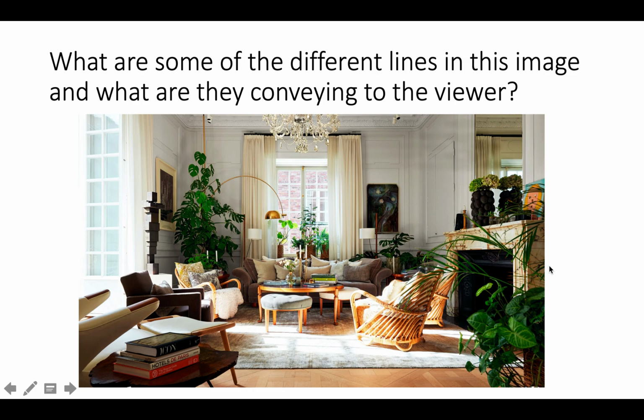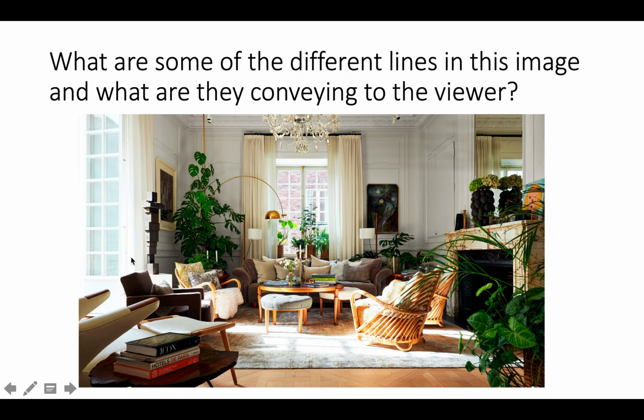So what are the different lines in this image and what are they conveying to the viewer? So let's just go through it. So there's kind of this sense of a low horizon, like horizontal line here in the couch, which is very restful, kind of soothing.